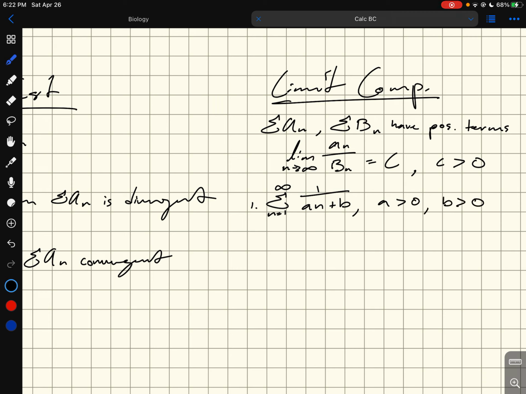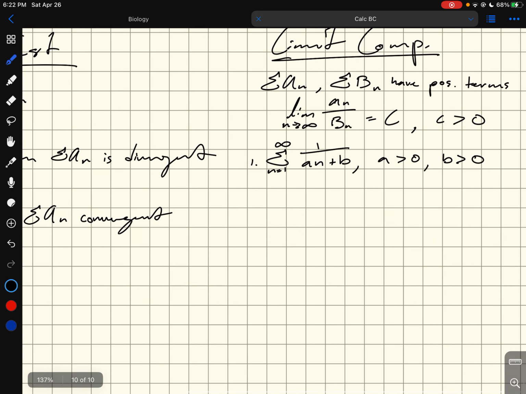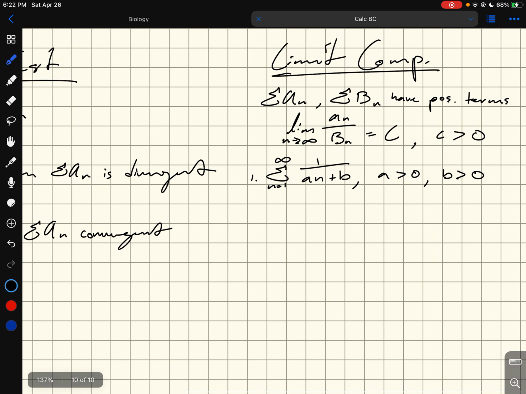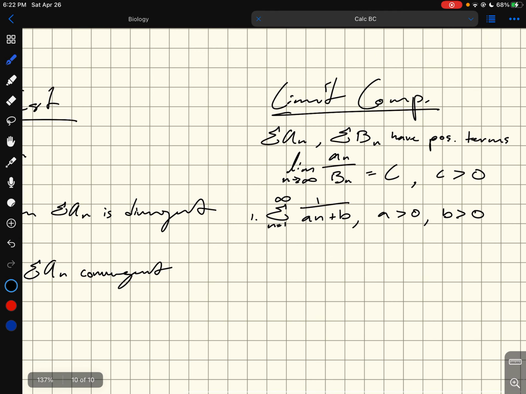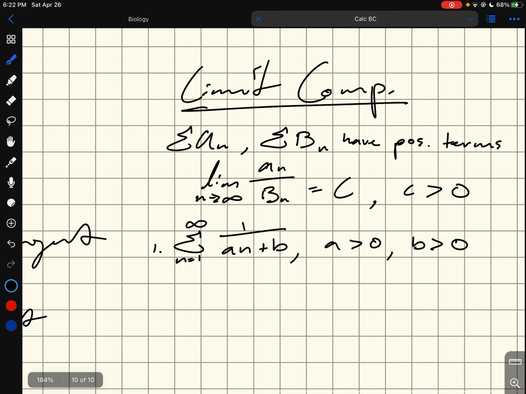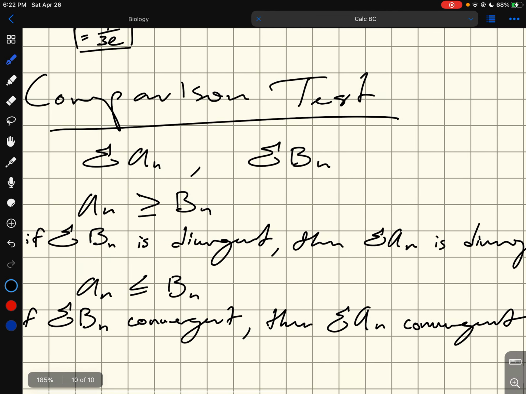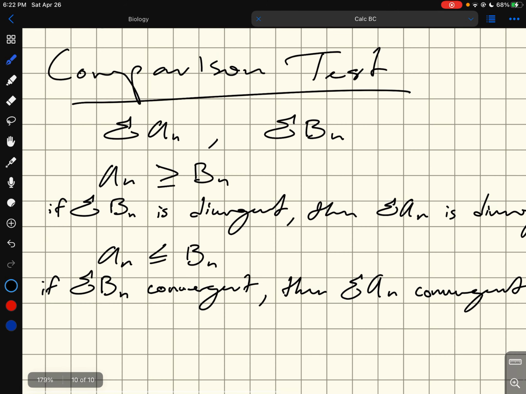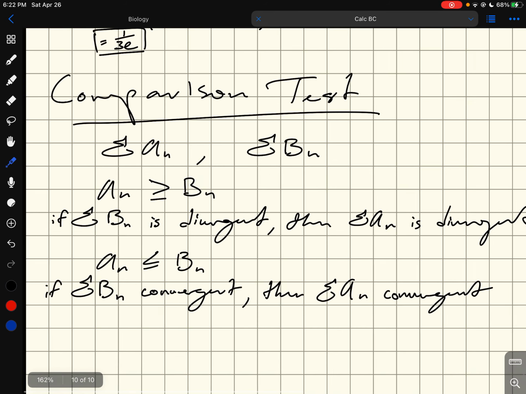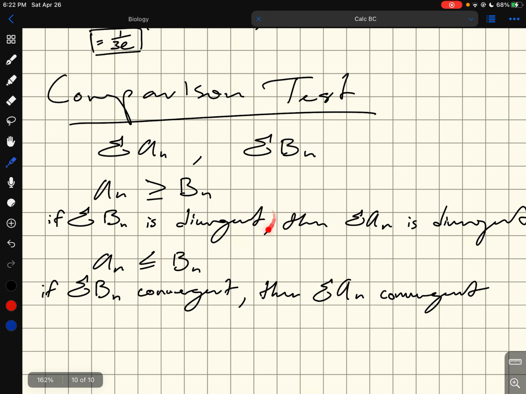So we want to see whether this series converges or diverges. The reason you do limit comparison compared to just the comparison test is because you may have this type of relationship between your series, but instead of b diverging, it converges.